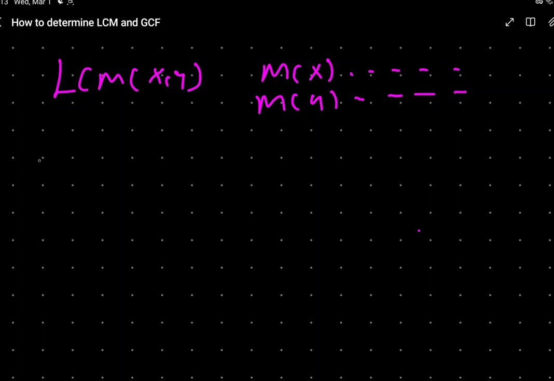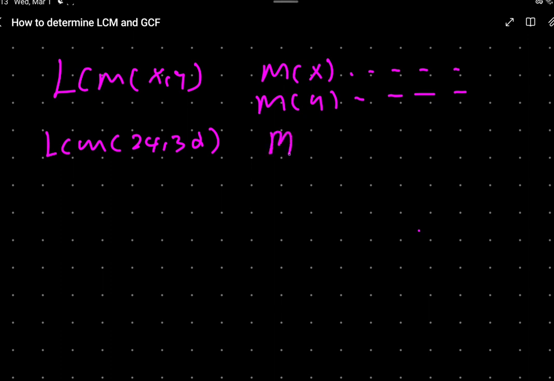So consider two numbers. You are looking for the LCM and GCF of 32 and 24. The written method you follow is to find the multiples.